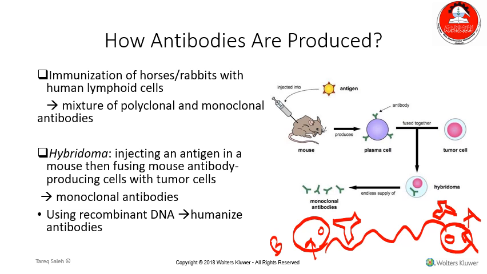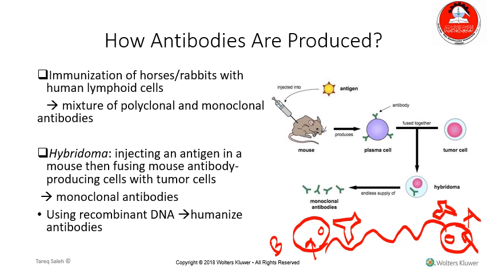Monoclonal antibodies, on the other hand, are derived from one clone of immune cells, from only one cell, and they are directed more selectively against an antigen. So the way that these antibodies are generated is using the hybridoma technology.